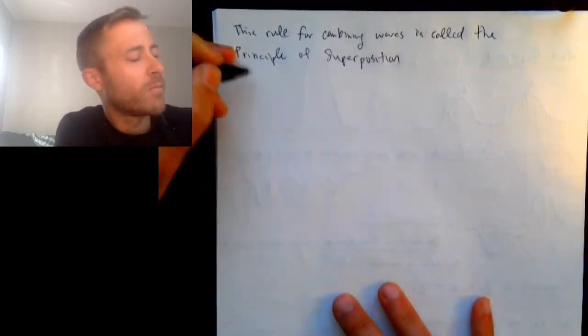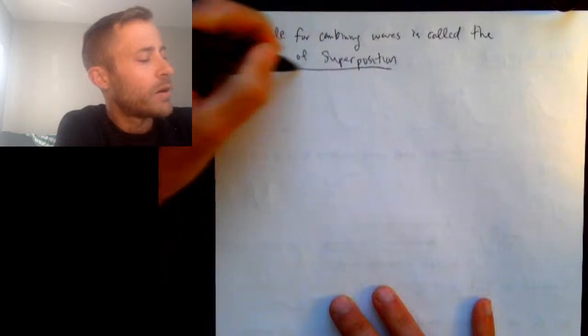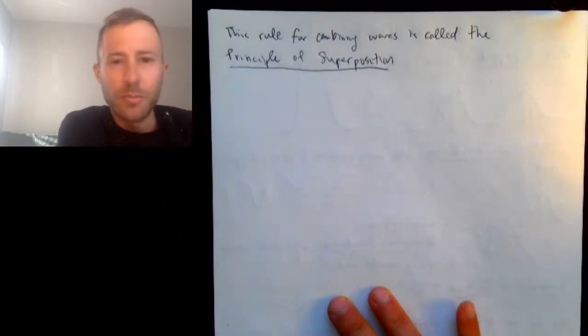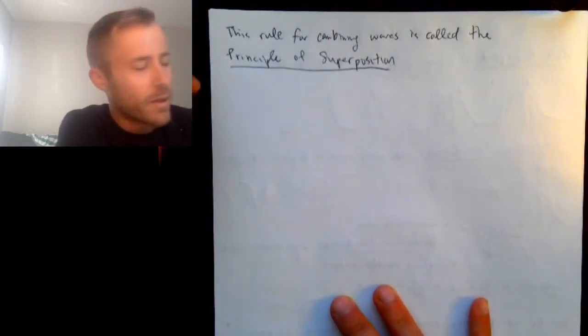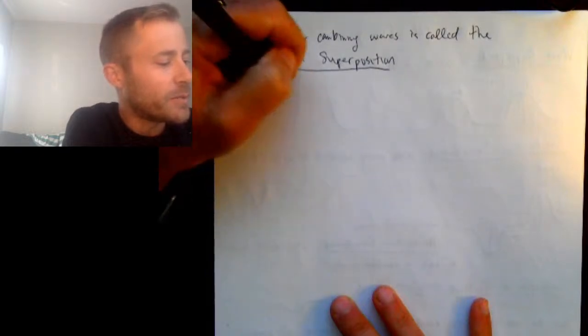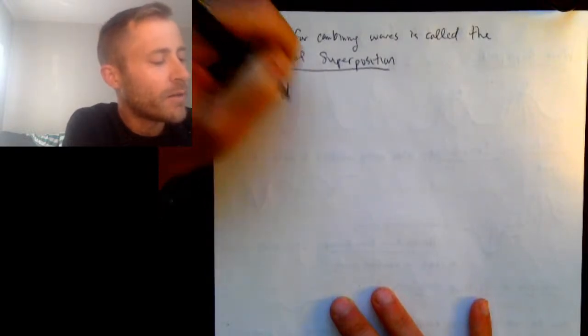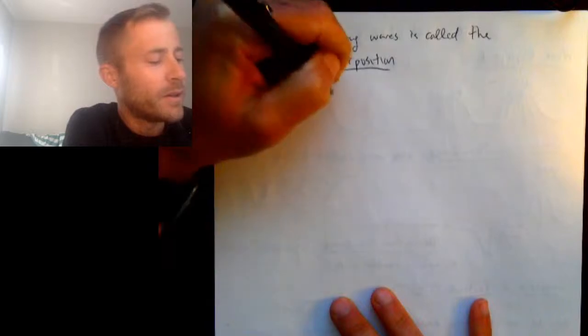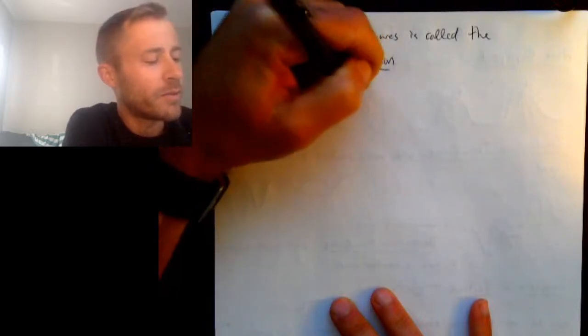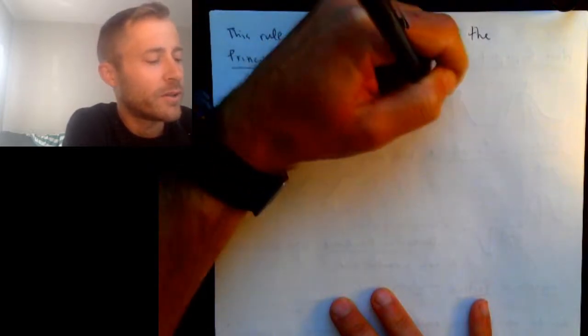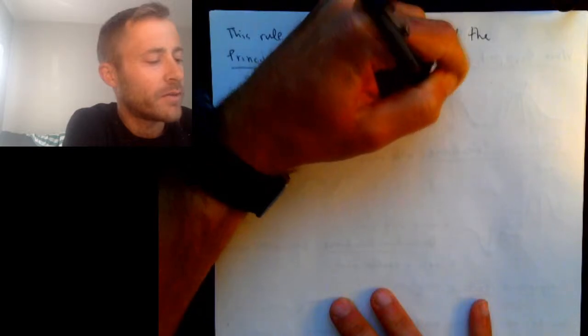Basically what it says is that the displacement of the total wave is equal to the displacement of the first wave plus the displacement of the second wave.